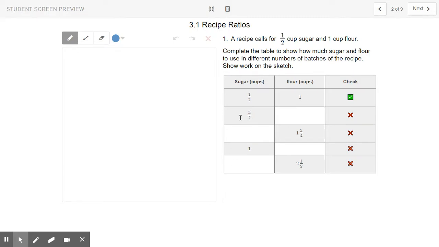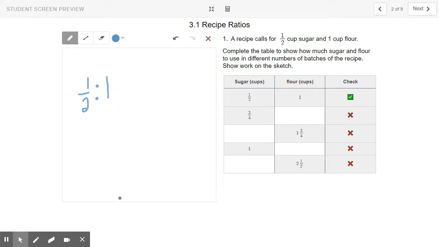So these are going to be finding different ratios for different batches of this recipe. So there's a couple ways we can look at this. We could look at this as a ratio. So we know that for every 1/2 cup of sugar, there is 1 cup of flour.